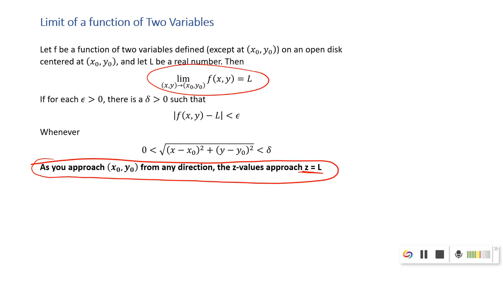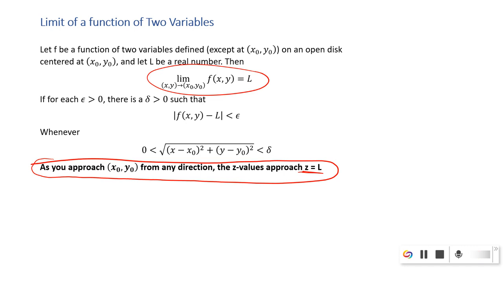This definition is saying that we can create a disk or a delta neighborhood around that point, and if we make that delta neighborhood sufficiently small, we should be able to get as close to that L value as we want.